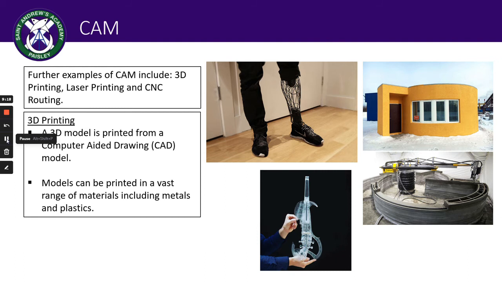In the images shown, you can see a prosthetic leg that's been printed from titanium. There's a musical instrument, a violin, which is printed in a type of plastic. And then, really quite unusual, on the far side you can see a home that's been printed using concrete.